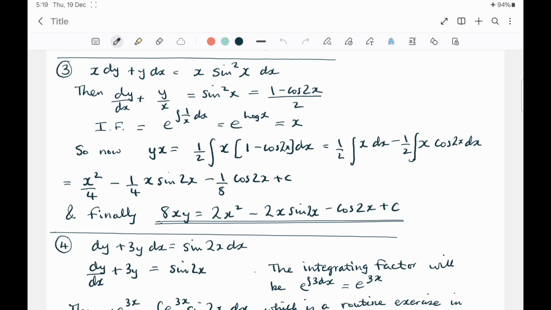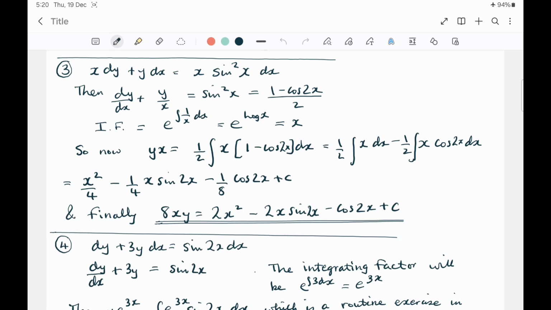So now yx equals 1/2 of the integral of x times the right-hand side, which is (1 minus cos 2x) dx, and that equals 1/2 of the integral of x dx minus 1/2 of the integral of x cos 2x. The first integral is quite easily x squared over 4, and the second one, again, is a fairly routine integral, and should come out to minus 1 over 4 x sine 2x minus 1 upon 8 cos 2x plus the obligatory constant c.